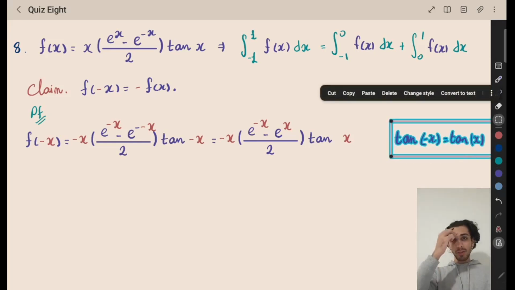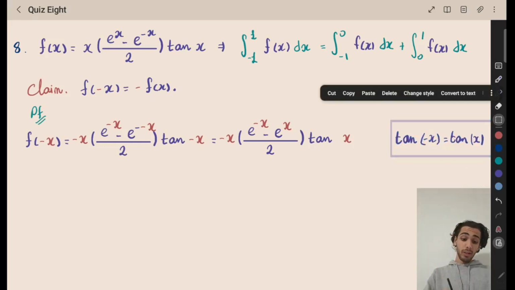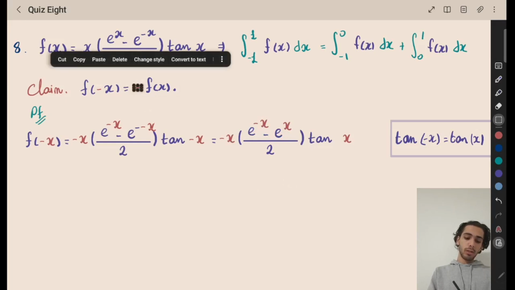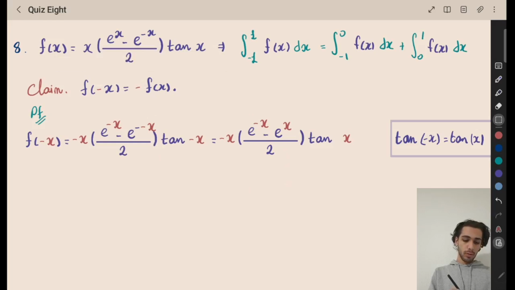For the other terms, we'll see what happens now. So we have minus x here. We have e to the minus x minus e to the x. We claim that this is just the minus of f of x.